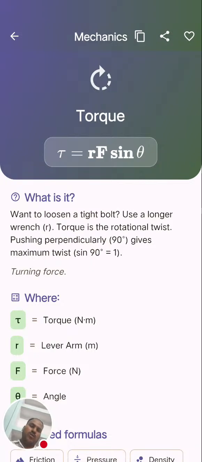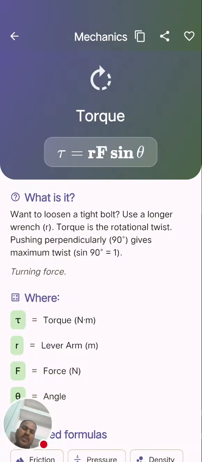If you want to loosen a tight bolt, use a longer wrench r. Torque is the rotational twist, and pushing perpendicular at 90 degrees gives maximum twist. So sin 90 equal to 1.